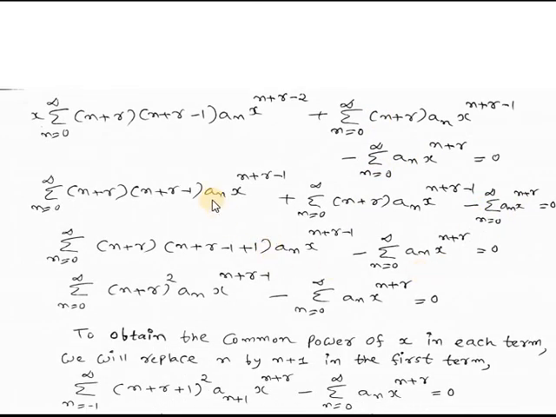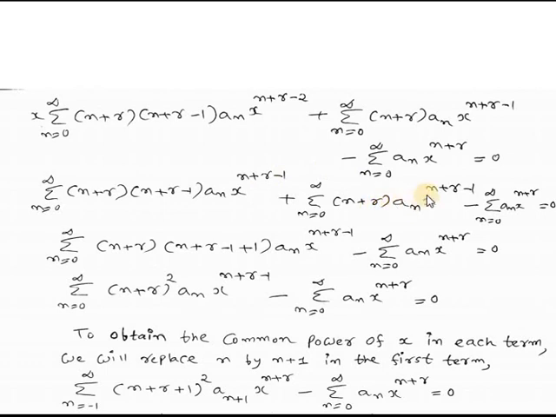So here x raised to 1 into x raised to n plus r minus 2, adding the powers, it will be n plus r minus 2 plus 1, so it will be n plus r minus 1. And writing this term as it is, this term as it is. Now observe the first two terms. There are some common terms: n plus r, an, and x raised to n plus r minus 1.